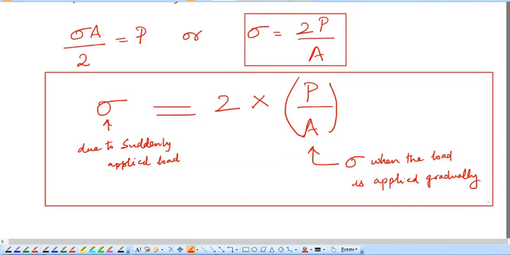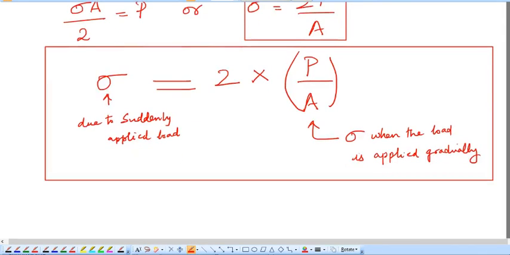So the same load you are applying suddenly, what happens? It becomes 2 times. So the stress due to a suddenly applied load is 2 times the stress applied when the same load is applied gradually.